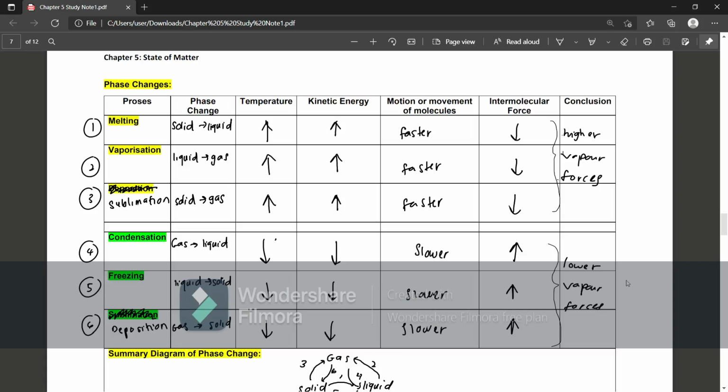And then condensation, gas to liquid; freezing, liquid to solid; deposition, gas to solid: temperature decrease, kinetic energy decrease, motion or movement of molecules getting slower.